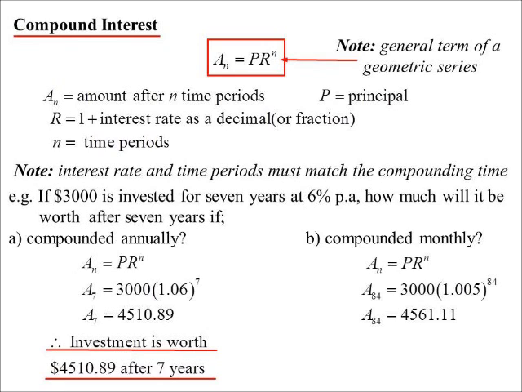But now we have to change the interest rate, because whilst they quoted 6% per annum, if we're compounding monthly, fortunately 6 divides by 12 very nicely, we get 0.005 there for our interest rate as a decimal. And the number of time periods is no longer 7 years, but 84 months.